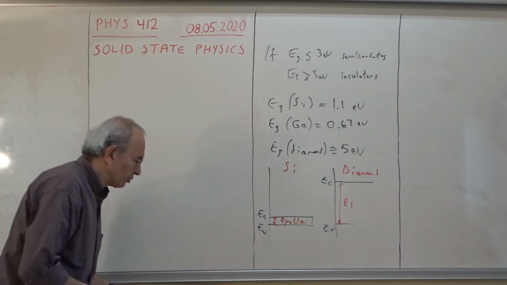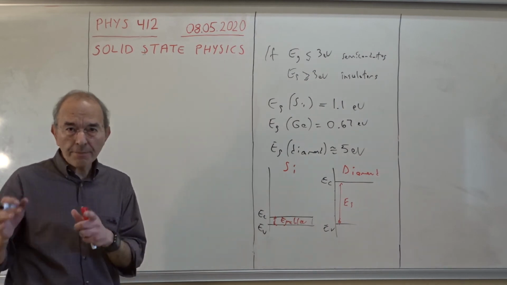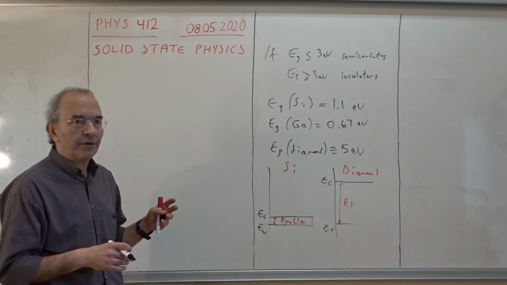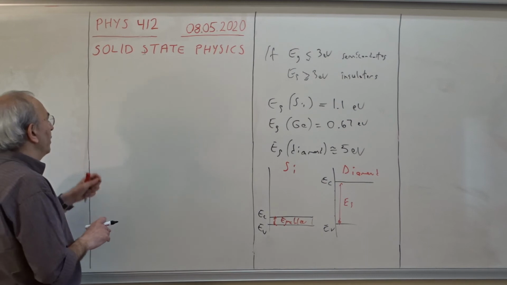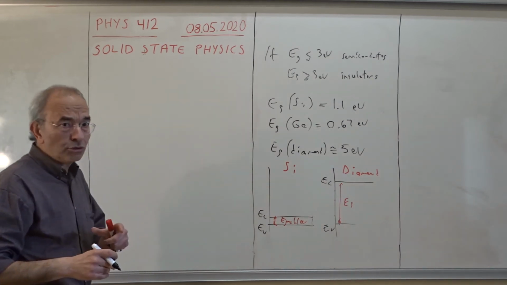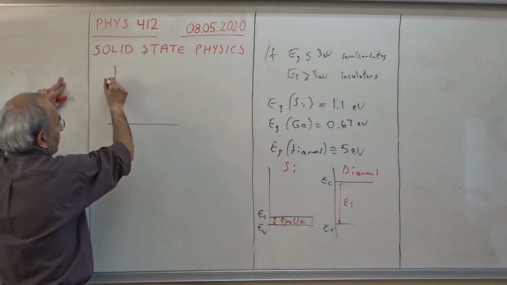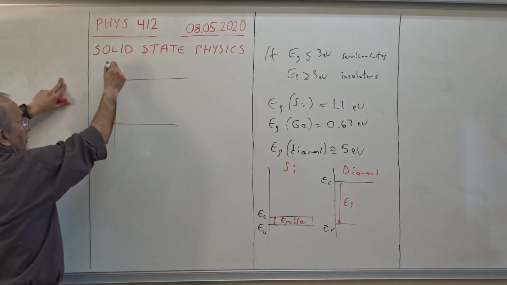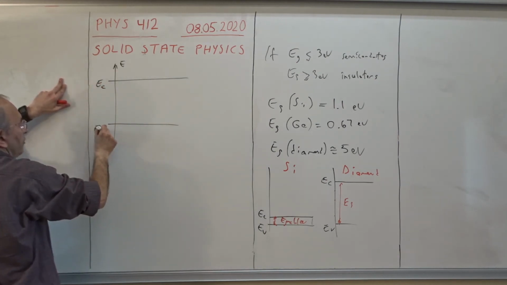Alright, let's also consider the temperature dependence. How does temperature affect the number of free carriers? For instance, first of all, let me show the electron hole pair. And this is the picture, energy, conduction, valence band.